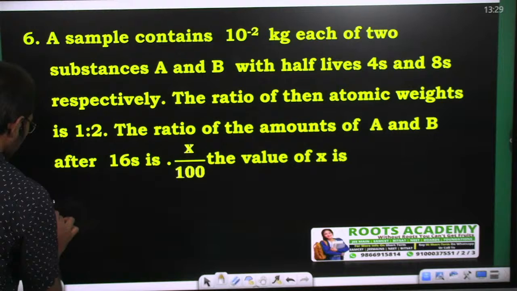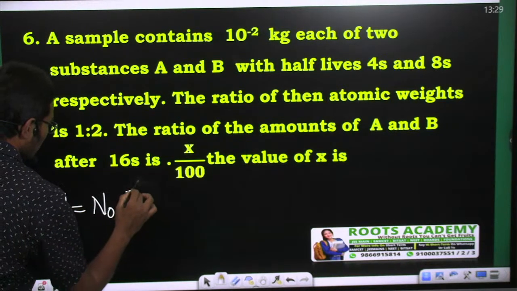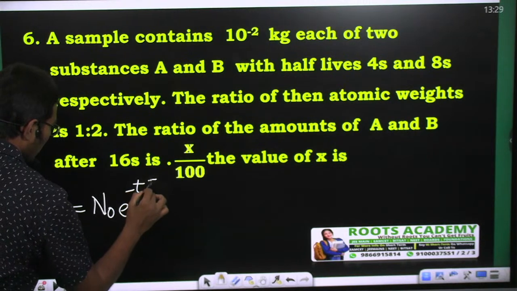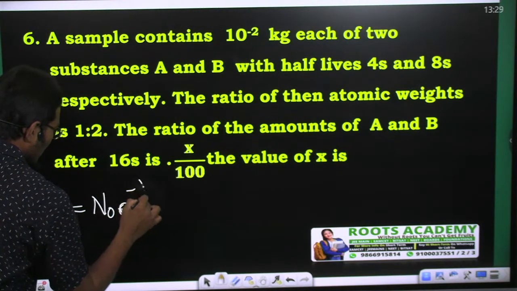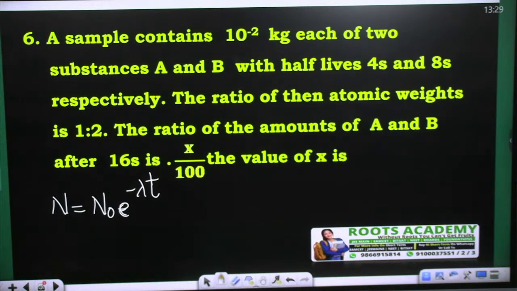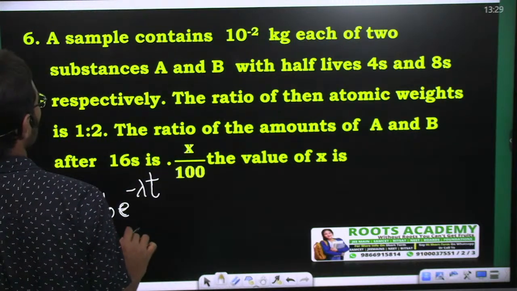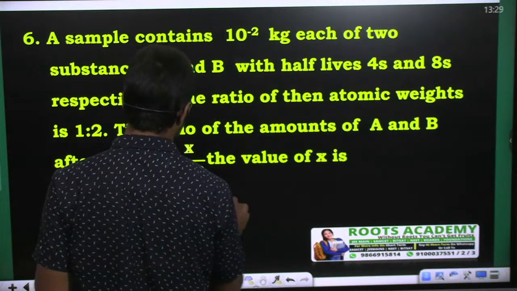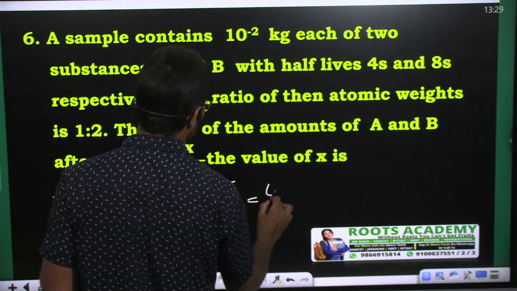See, we know N is equal to N0 e power minus lambda t. So this is a basic fundamental equation that we know. From this, here it is said that the sample contains the same mass of each, with half-lives T1 by T2 equal to 4 by 8.